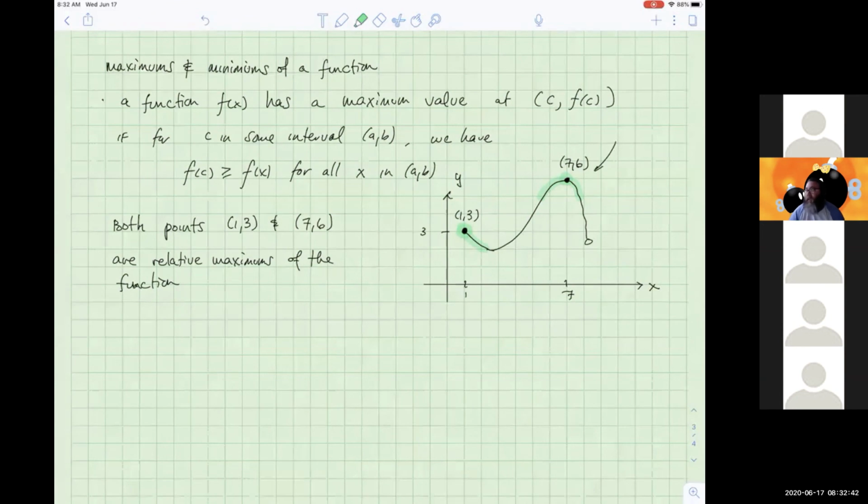So you're basically supposed to look at a graph and say, these are the high points, and then say these are the maximums and give a location.